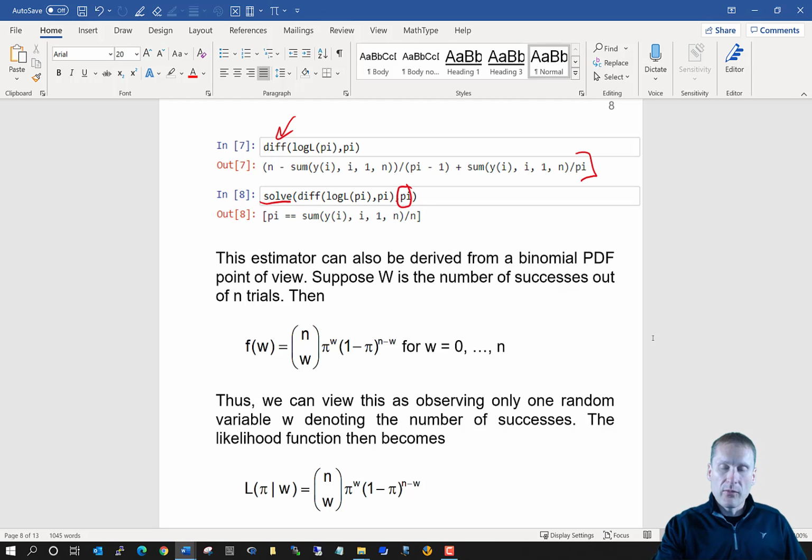Notice I'm saying I want to solve this equation. It's going to automatically be set equal to 0. Solve it with respect to pi. And when I do this, I get what I had before by doing it by hand. This is, again, Sage's syntax. Again, the sum of the y sub i's divided by n.